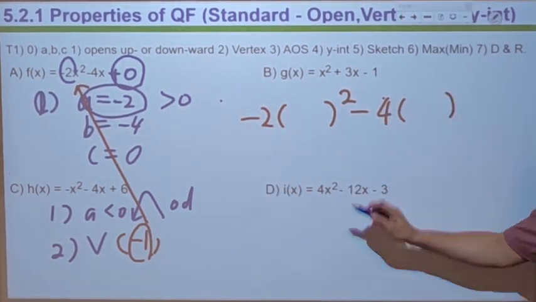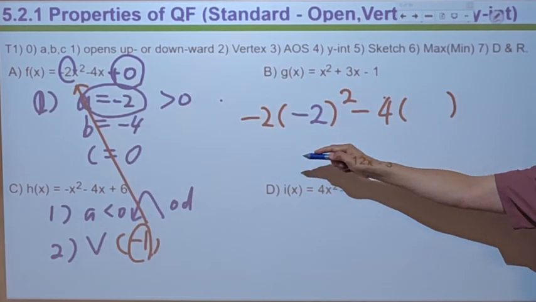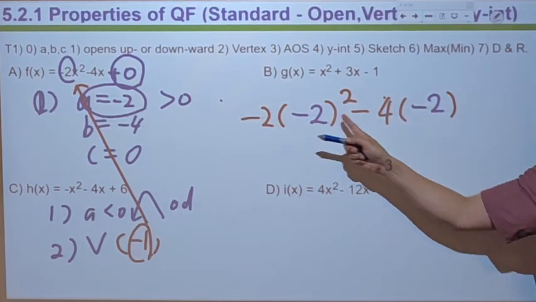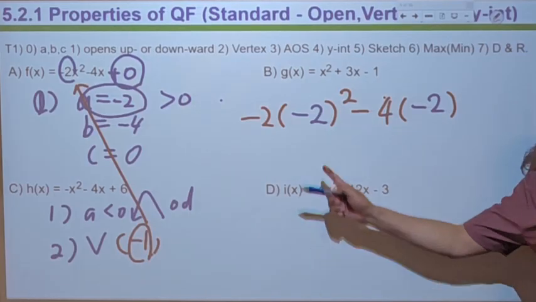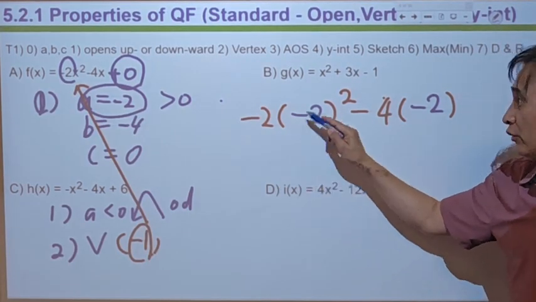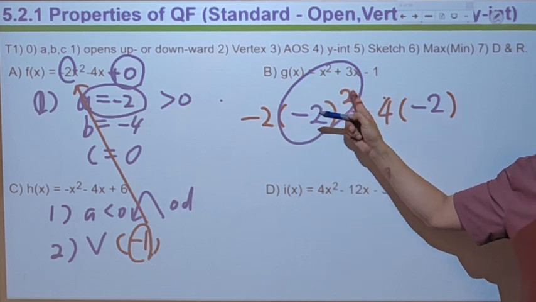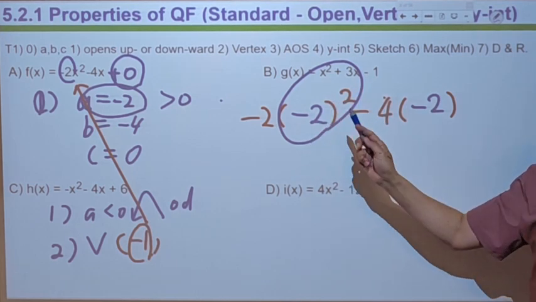And don't forget, you should put the -2. Some of them put -2 here and then just +2. Then it's wrong. That's why I put the parentheses. Everybody clear? And the first thing you need to do is not multiplying. Parentheses first, but nothing you can do here. Then exponent you need to do first.